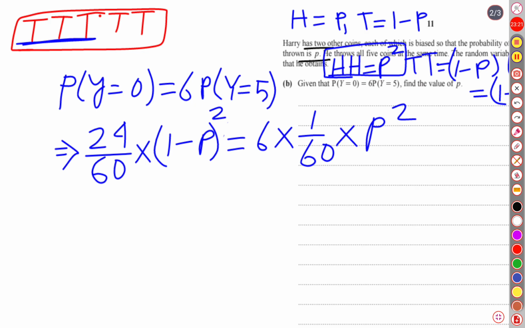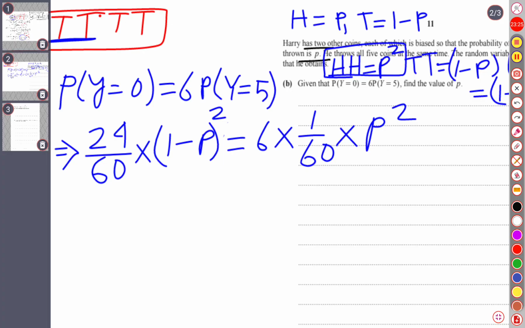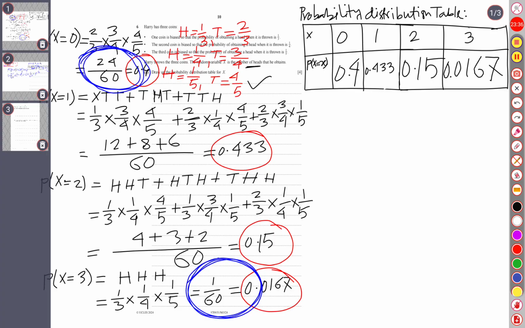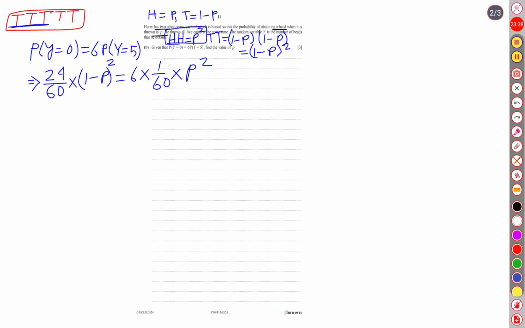We have collected it from the previous probability distribution table. Look at this: for all 3 tails, it was 24 over 60. So for 3 tails, we have written 24 over 60, and as all of the coins have been thrown together, into the next 2 tails. This is our next 2 tails.